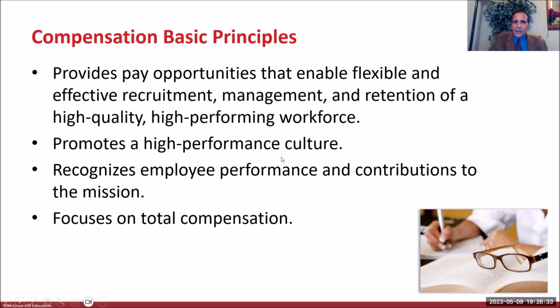So hopefully we can create a culture that is focused on best performance, and hopefully it recognizes the performance of each employee and their contributions directly associated with the goals of the department or the mission of the organization. And also that it focuses on total compensation. In other words, not just the salary that they receive on a monthly basis, but overall lifetime employment rewards and indirect payments that are contributed to their 401k or to their health insurance or other elements of benefits.